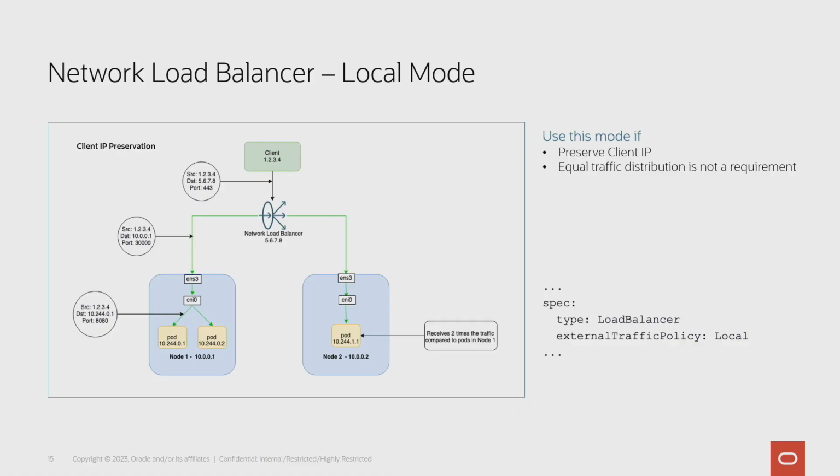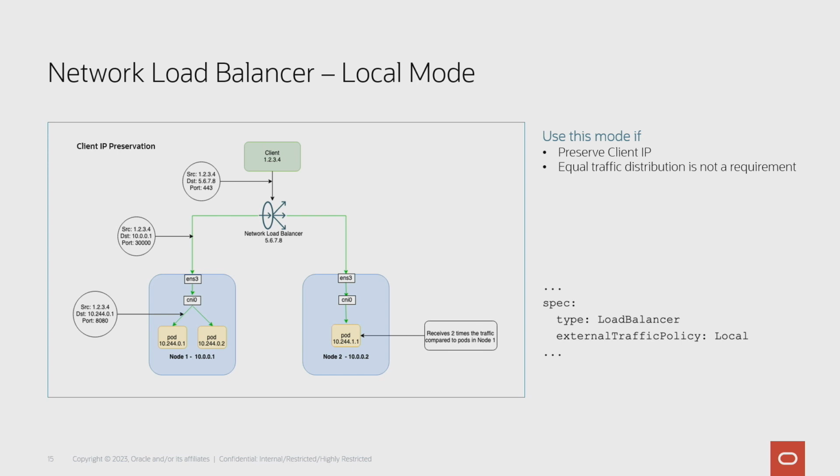And that is where developers want to preserve the IP address in the packet itself. So there is a mode called local mode, and this is the specification that you define in the service definition file. If you turn that mode on, it would preserve the IP address of the traffic all the way from the internet, all the way till the application. So as you can see in this example, 1.2.3.4 is being preserved all the way till the pods.